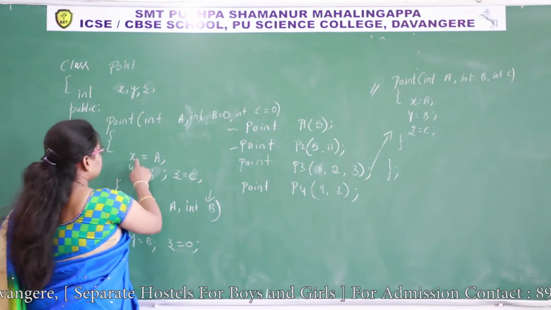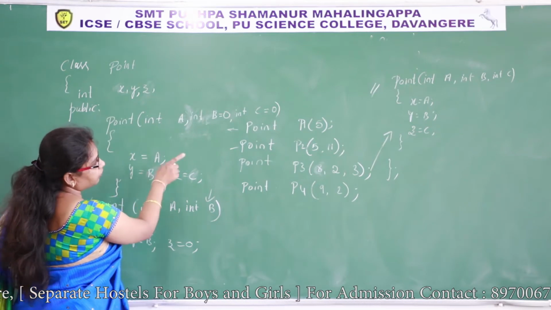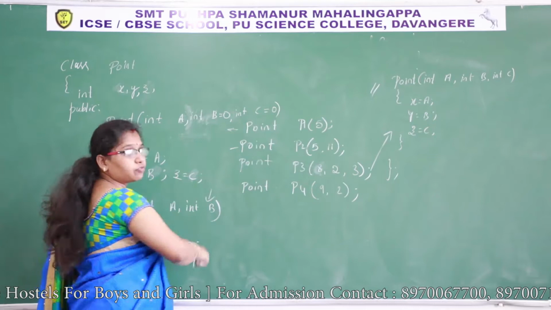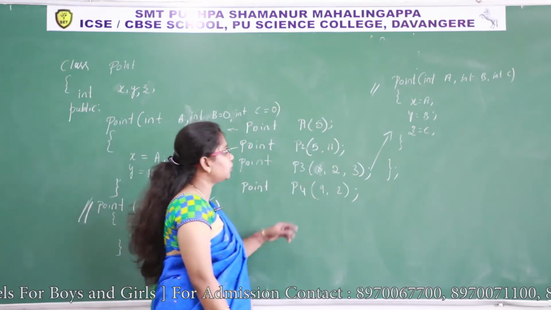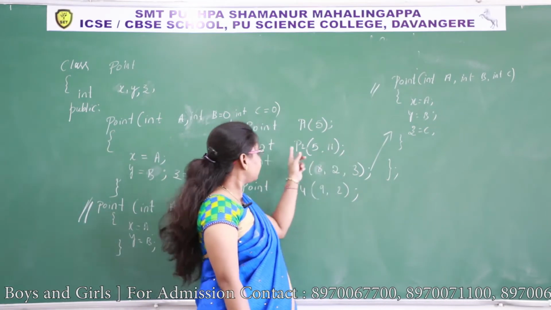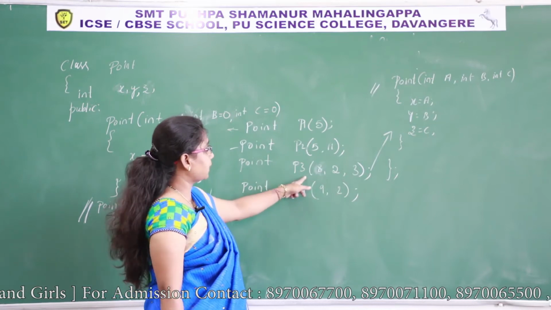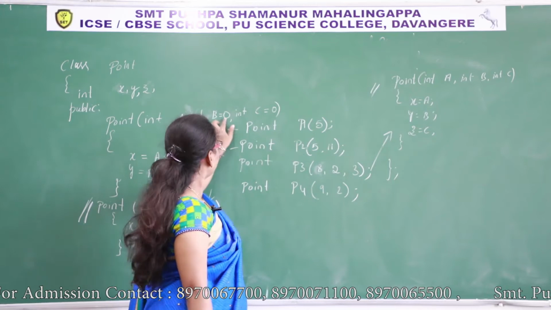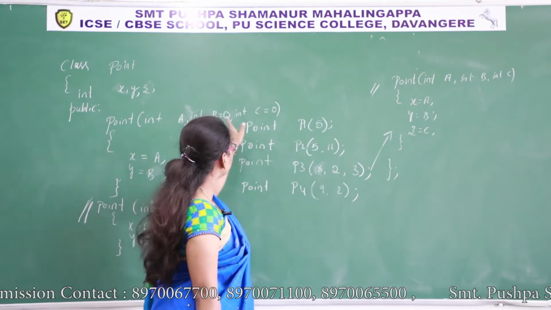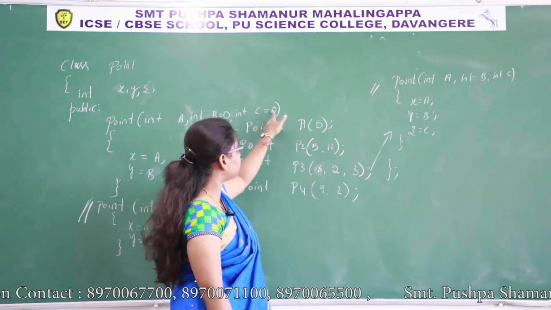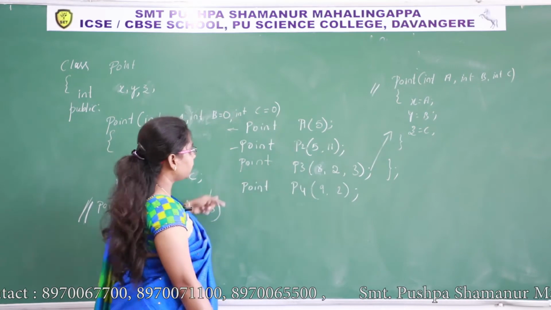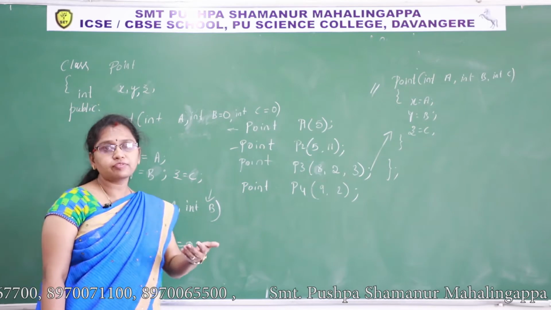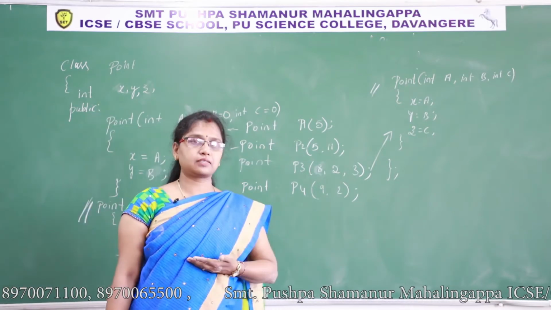Then x value will be 5 and y value is 11 and z gets the default value, because for z I did not pass any argument here. When you come to the third one, 8 2 3 is there, no? 8 goes to A and this value is overwritten by 2 and this value is overwritten by 3. In this way we can avoid many constructor definitions within the class.